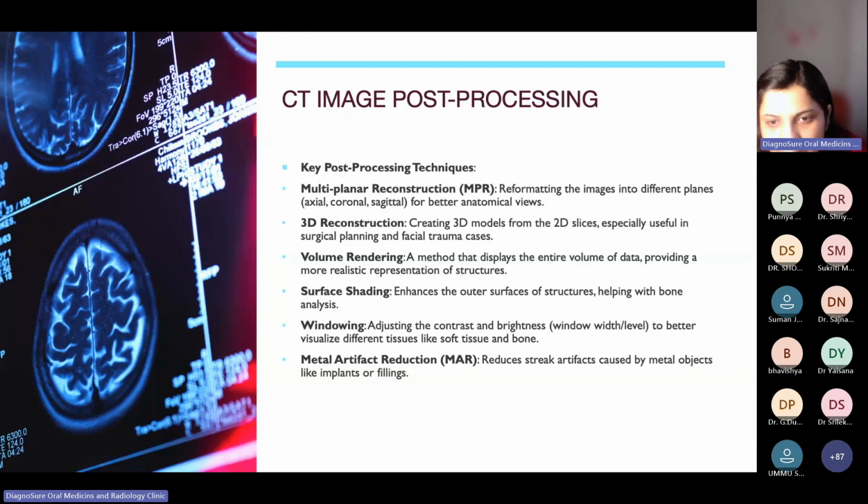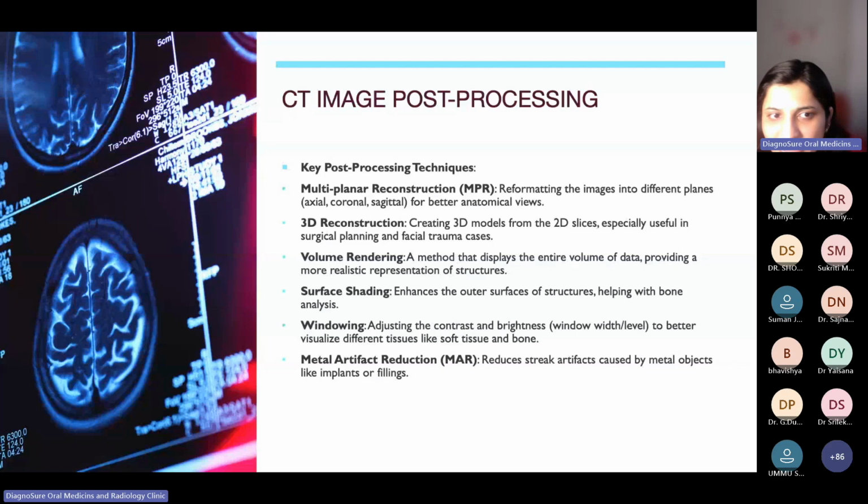So one particular object can be seen in all the planes. We can see it in coronal, axial, sagittal, and 3D also. It gives better anatomical views. We can also see the proximity of important structures in all the planes and make a perfect diagnosis. Also, surgical planning improves because of multiplanar reconstruction.